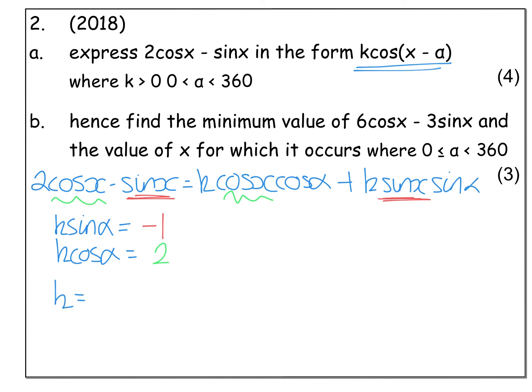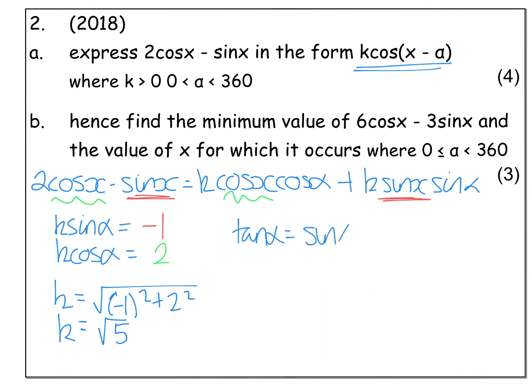Then we have k equals the square root of -1 squared plus 2 squared. Remember that minus doesn't really mean anything because it's going to turn positive anyway. So we've really got 1 plus 4, so we have root 5. K is root 5. Your tan alpha equals sine over cos. So we have -1 over 2.